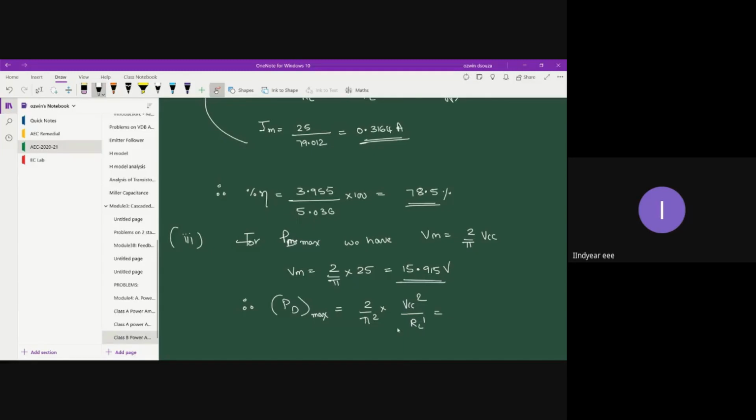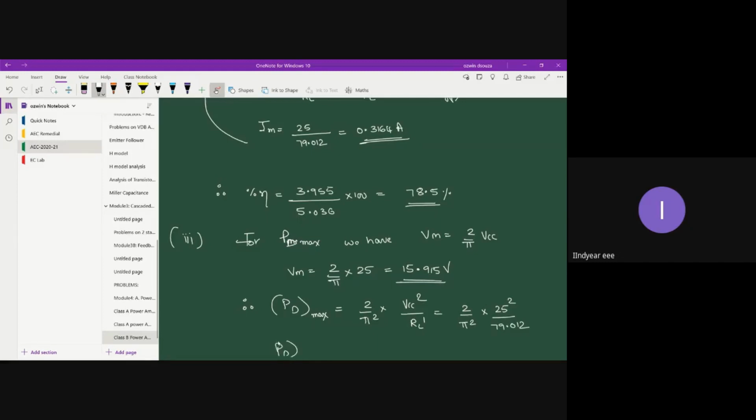Right, this formula in problem number 2, I think I have solved. Okay, so that's 2 by pi square into 25 square divided by 79.012, right?